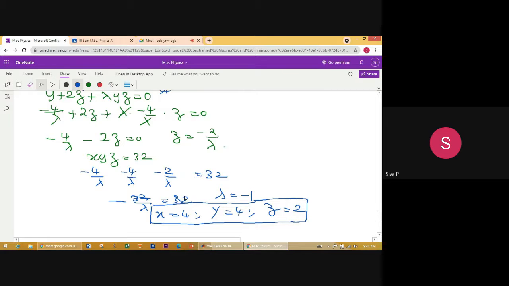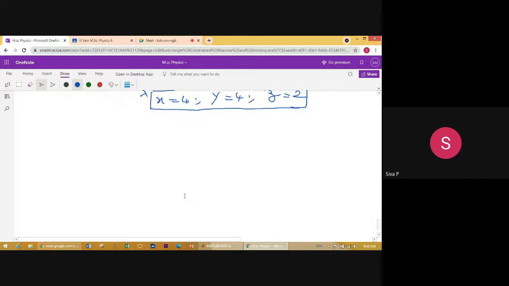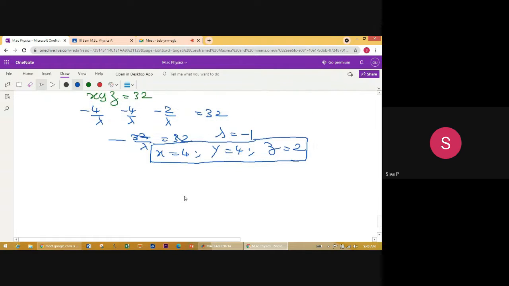This is the answer. The volume of the box is 32 cubic centimeter.